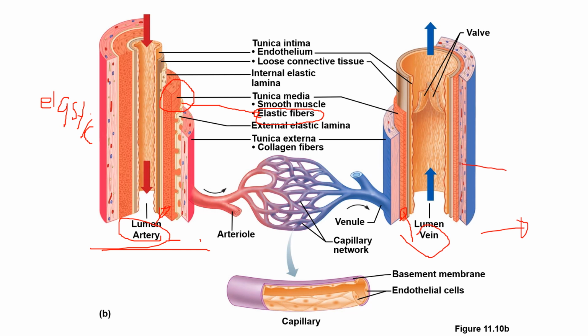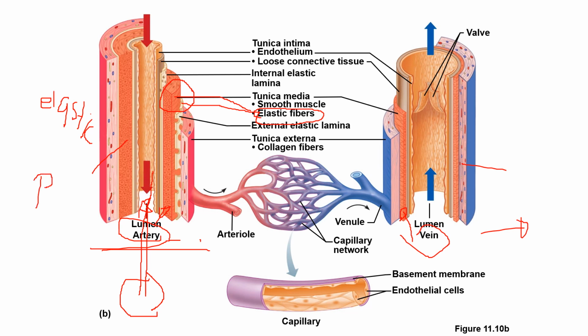When the heart pumps, they work in high pressure because the pump pushes the blood inside the artery, but because it contains a lot of elastic fiber, these arteries resist.